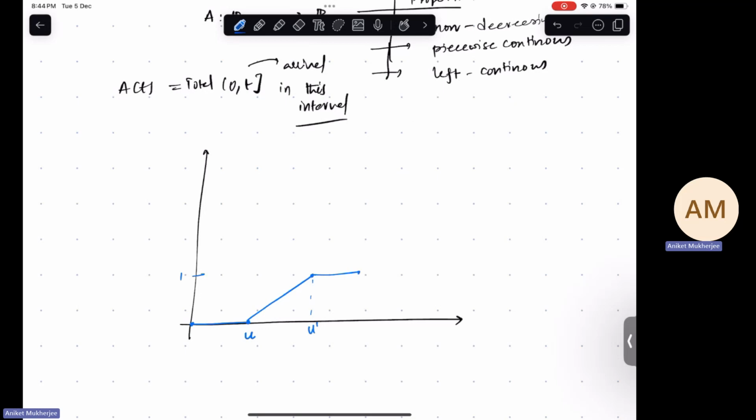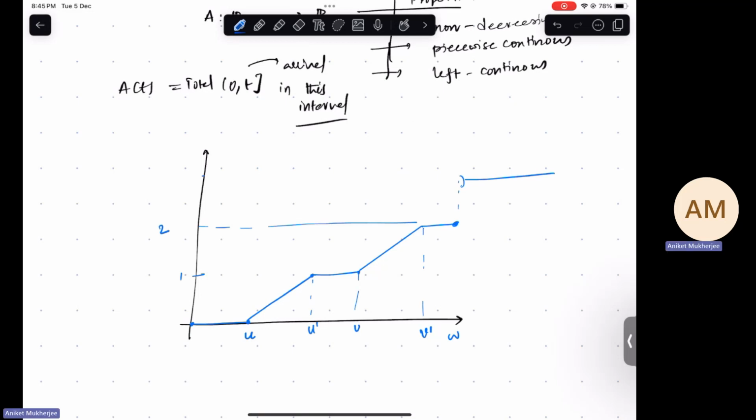U prime to V, nothing has arrived. V to V prime, again another packet arrived. V prime to W, nothing has arrived, right? But there is a sudden instantaneous jump at W because 1 unit of packet has arrived instantaneously.